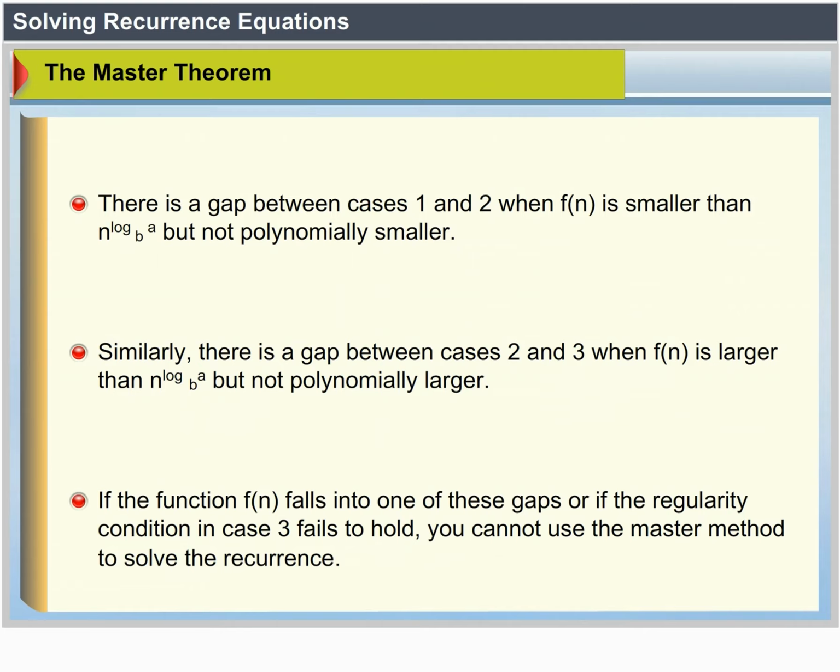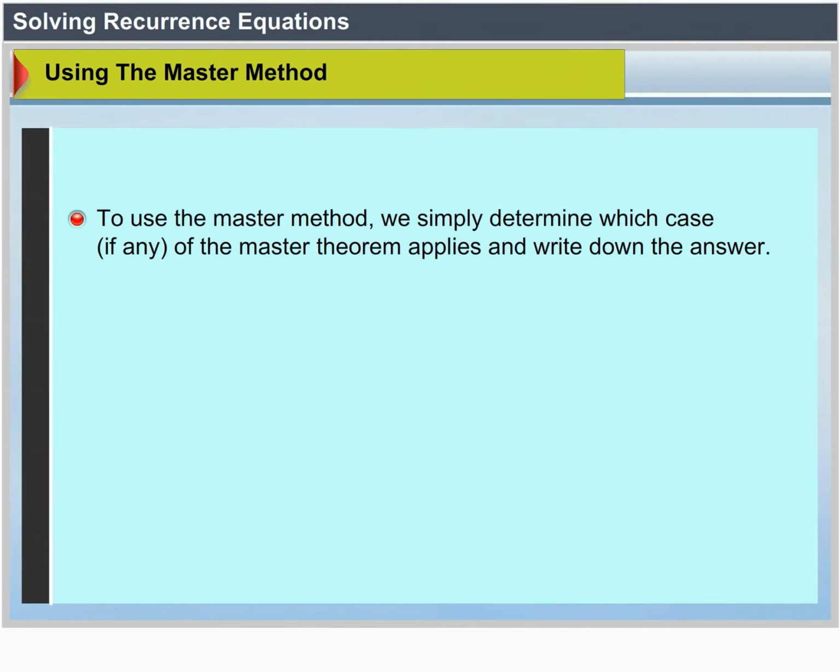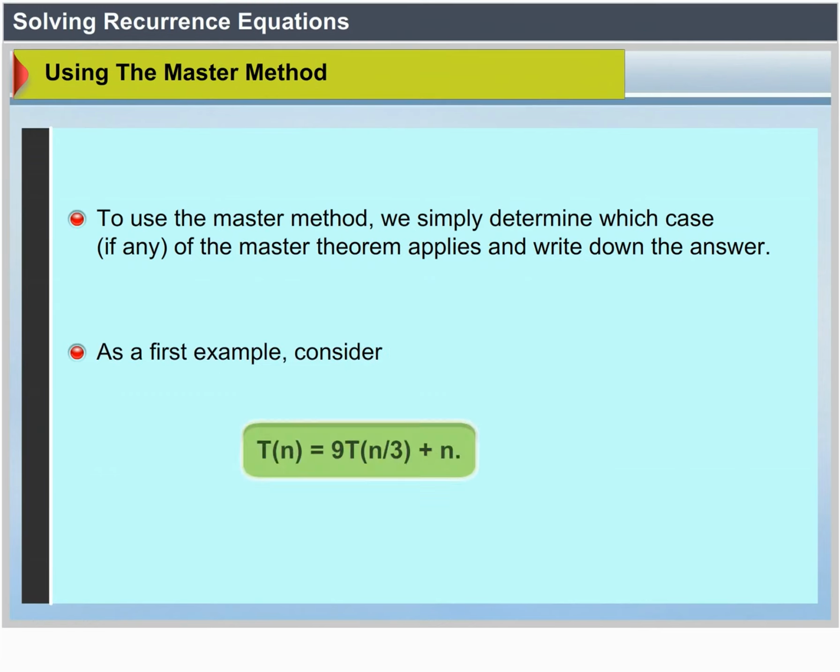Using the master method: to use the master method, we simply determine which case, if any, of the master theorem applies and write down the answer. As a first example, consider T(n) = 9T(n/3) + n.